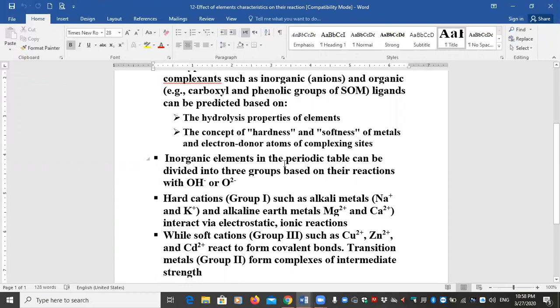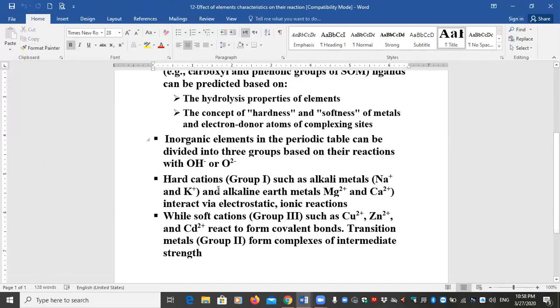Inorganic elements in the periodic table can be divided into 3 groups based on their reactions with hydroxide or oxygen. The ones we call hard cations, group 1, such as the alkali metals, sodium and potassium, and alkaline earth metals, magnesium and calcium. So you should always be familiar with this: whenever we say alkali metals, we usually mean sodium and potassium.